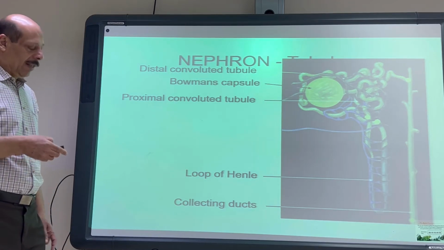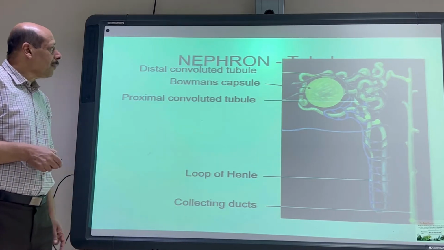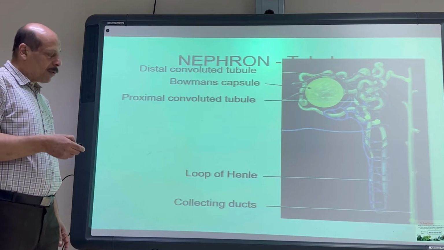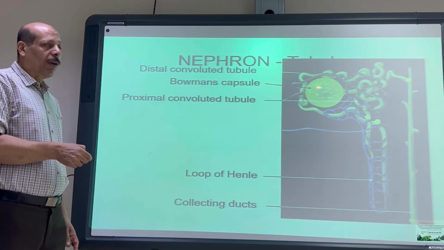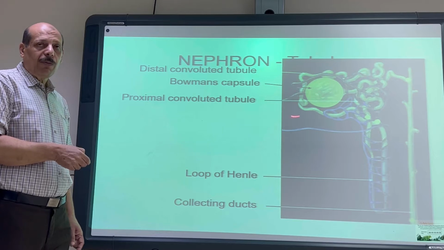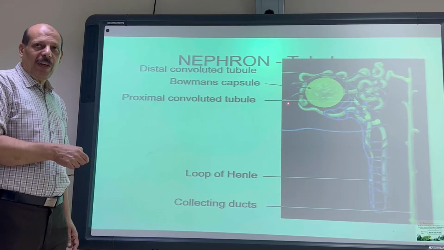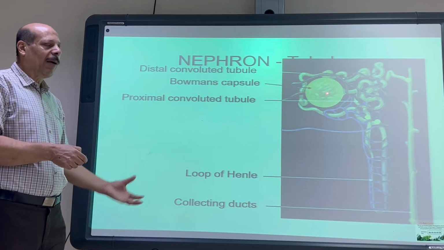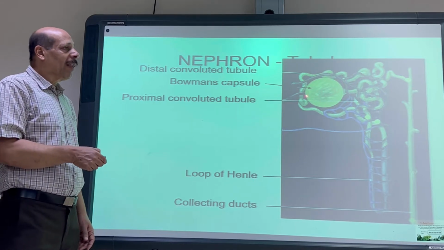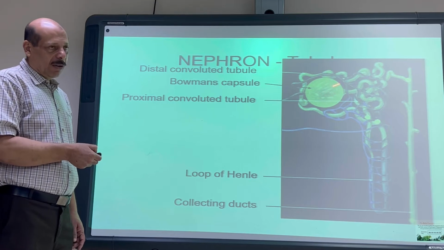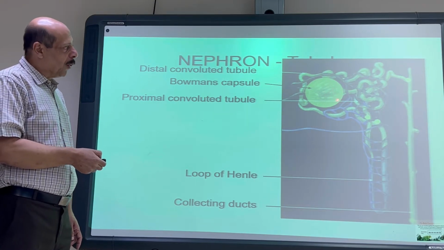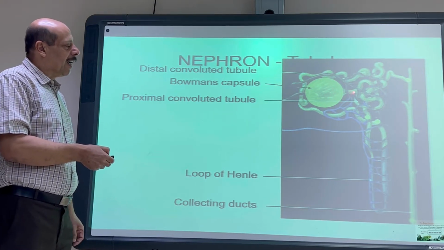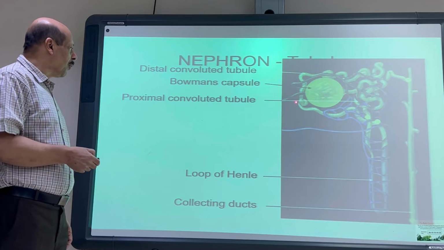So again, the Bowman capsule here is rich in capillaries, venous and arterial capillaries. We will come to how they are working. Then the filtrate will come to the proximal convoluted tubule.